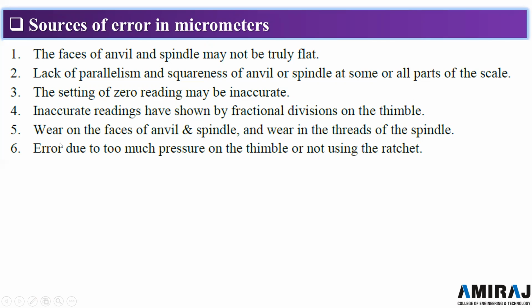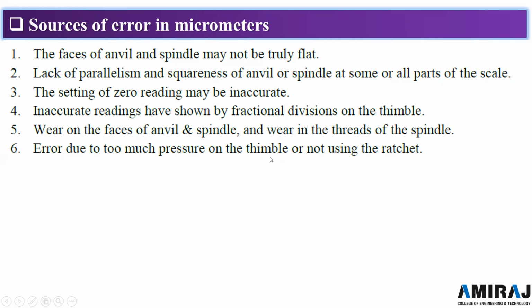Another source of error is wear on the faces of the anvil and spindle and wear in the threads of the spindle. There may be wear on the faces due to repetitive use in industry or in the workshop, and wear in the threads of the spindle. Due to that, there is a possibility of error.